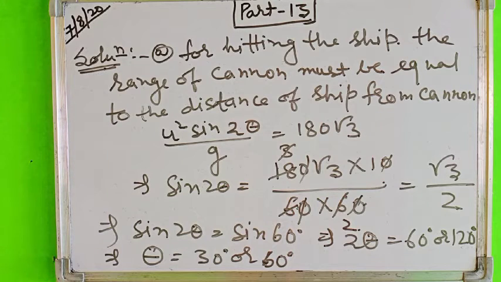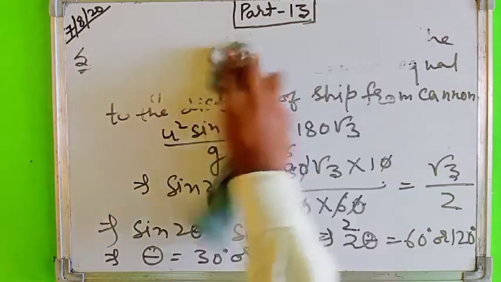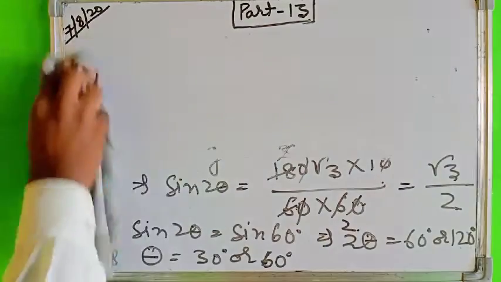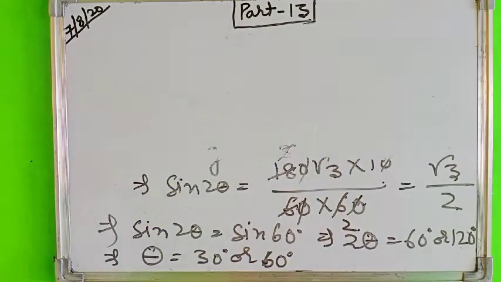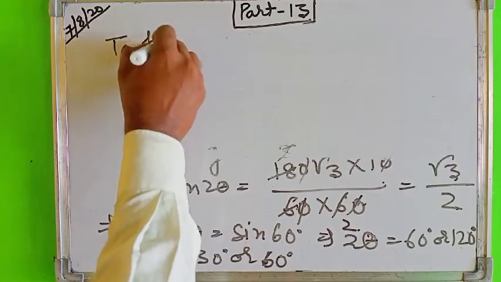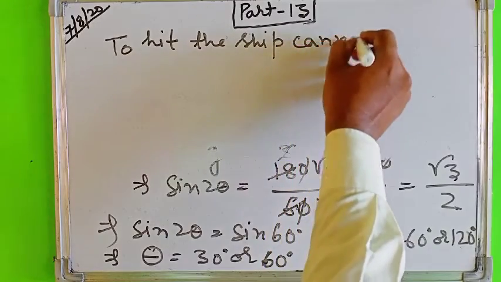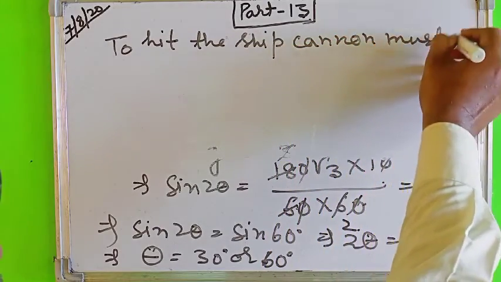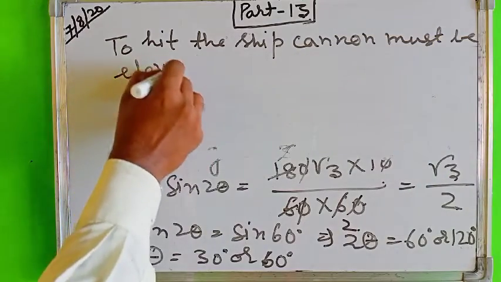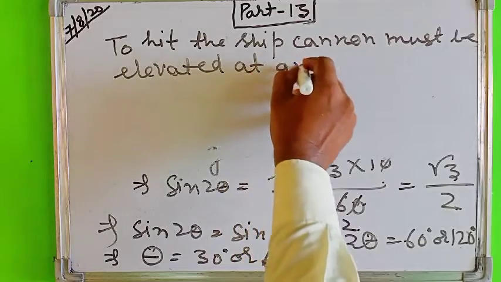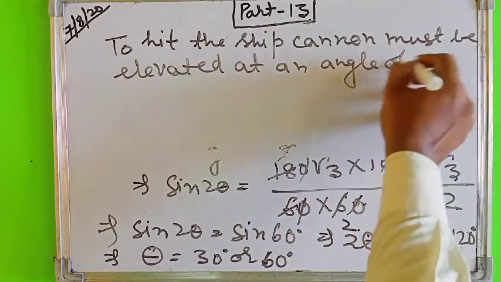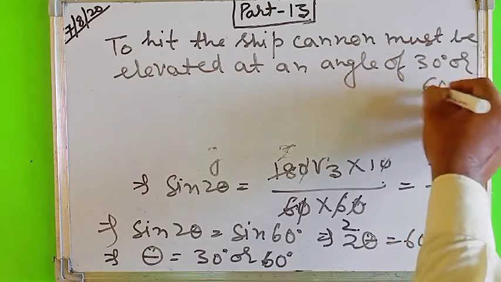So to hit the ship, the cannon must be elevated at an angle of 30 degree or 60 degree.